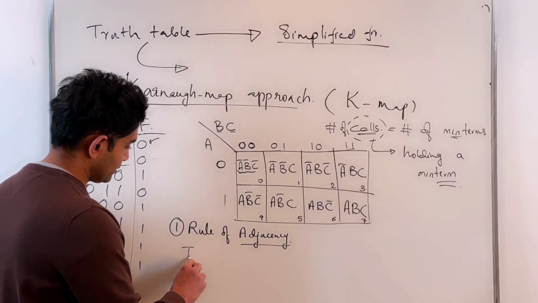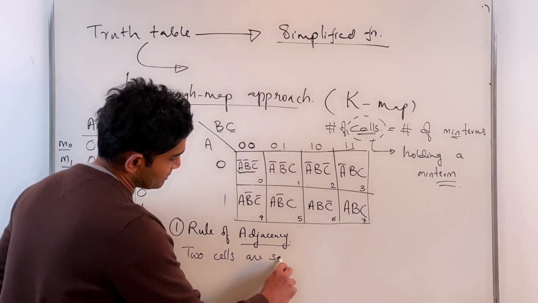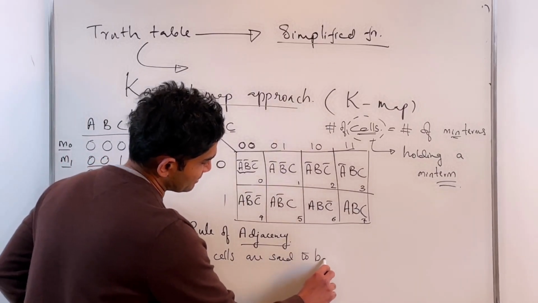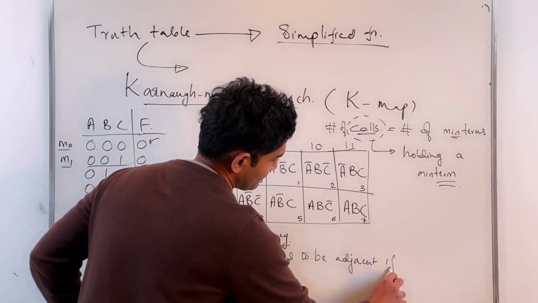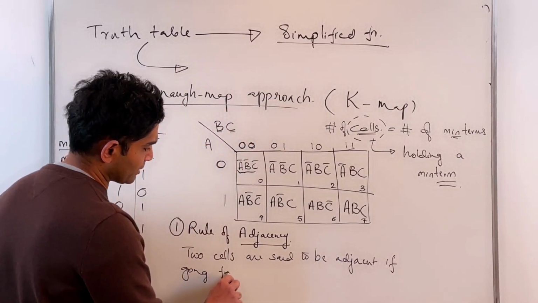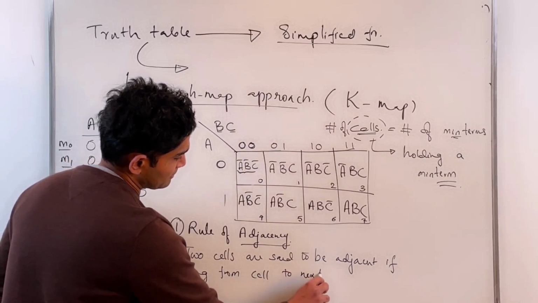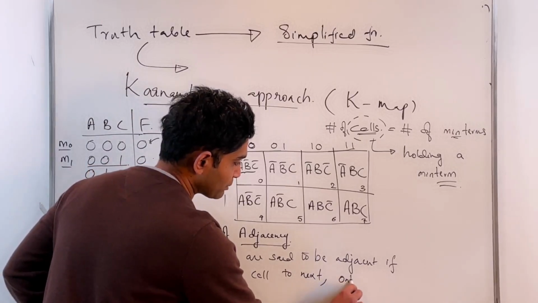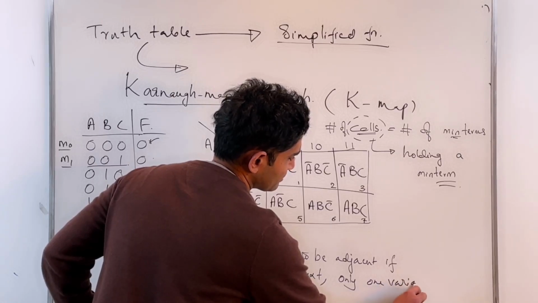Okay, two cells are said to be adjacent if going from one cell to the next, only one variable change happens. One variable changes.